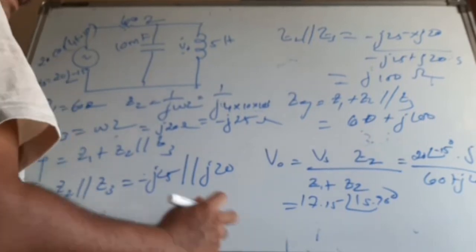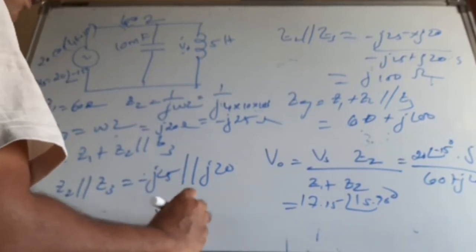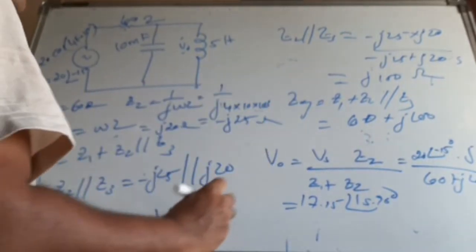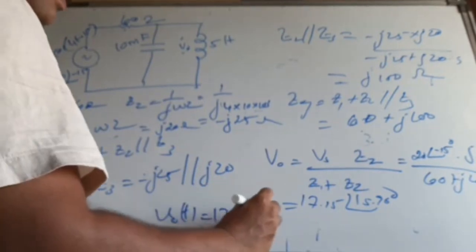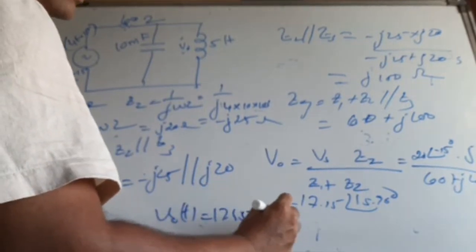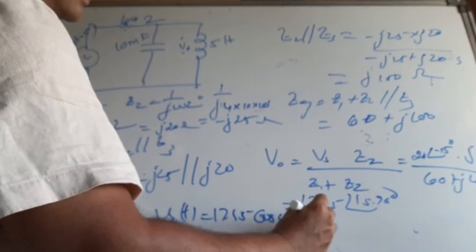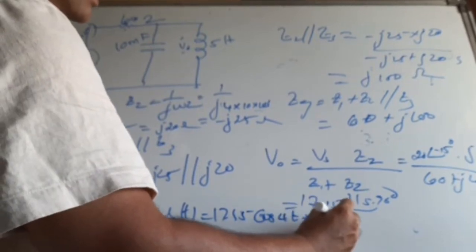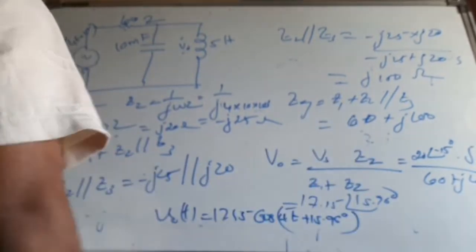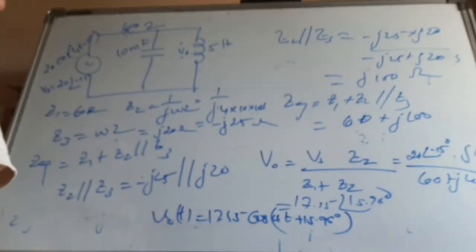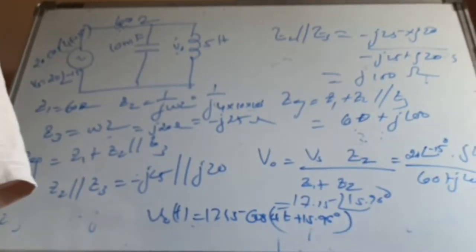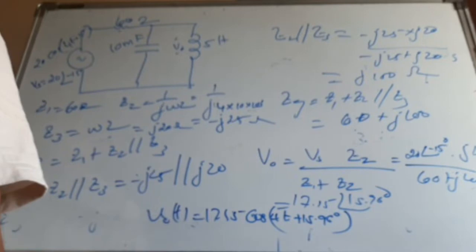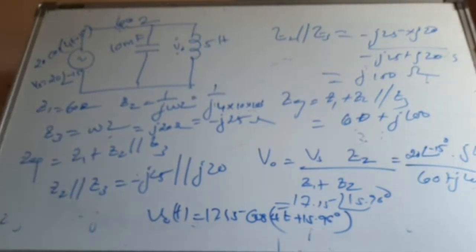This can be written in the oblique form as 17.15 cos(4t plus 14.96 degrees). So this is the final answer now.